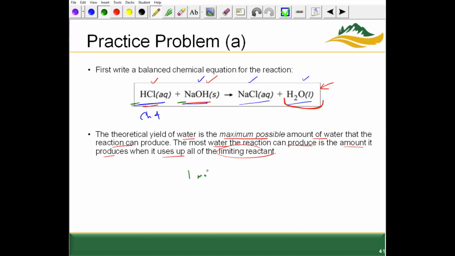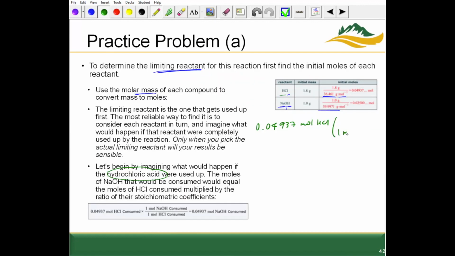Really importantly, what we need here is these mole to mole ratios. For every 1 mole of HCl, we have 1 mole of NaOH. That means we're going to need 0.04937 moles of NaOH for every 0.04937 moles of HCl.